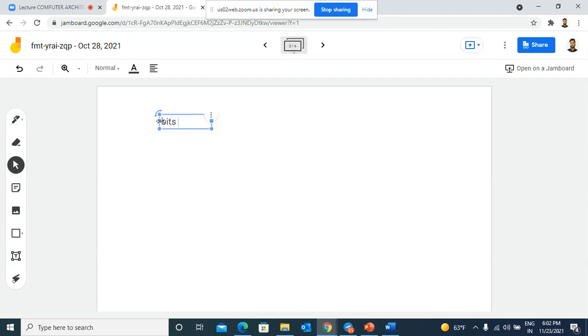Bits and bytes, we represent memory in these two formats. But when we talk about computer architecture, we always consider words. So what is a word? A word is a kind of format, and generally we consider 2 bytes equal to 1 word.